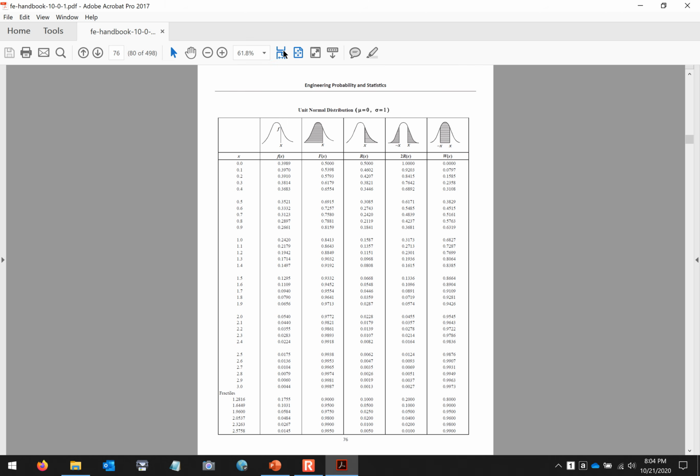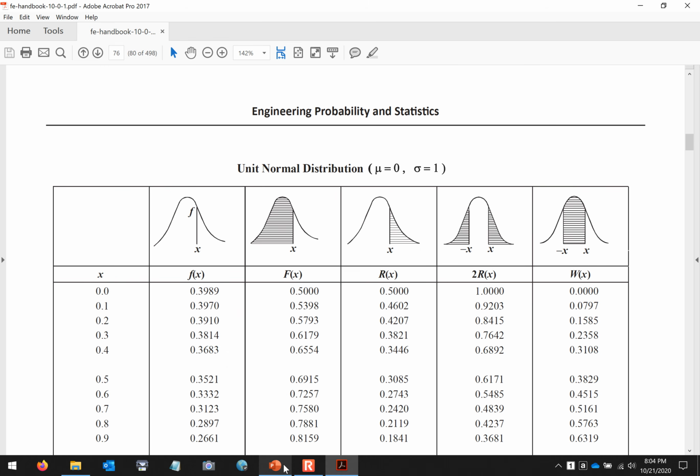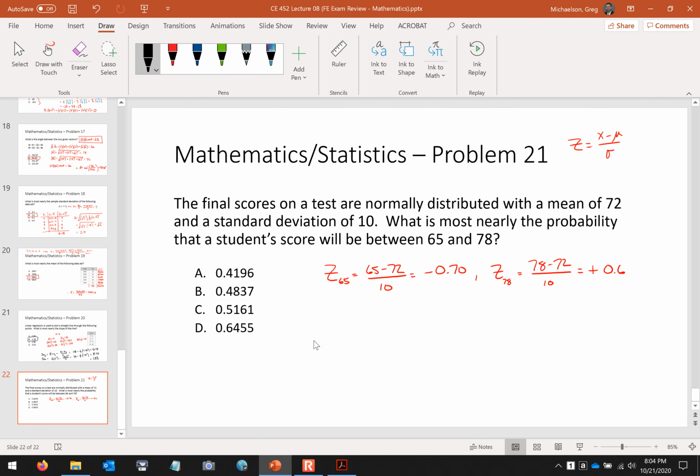Okay, so here's our unit normal distribution. On the problem, what we're trying to do is find the probability that the score will be between 65 and 78. So here's the bell curve, this is 65 or a z-score of 0.7, and this is 0.6. We're trying to find that total area right there.